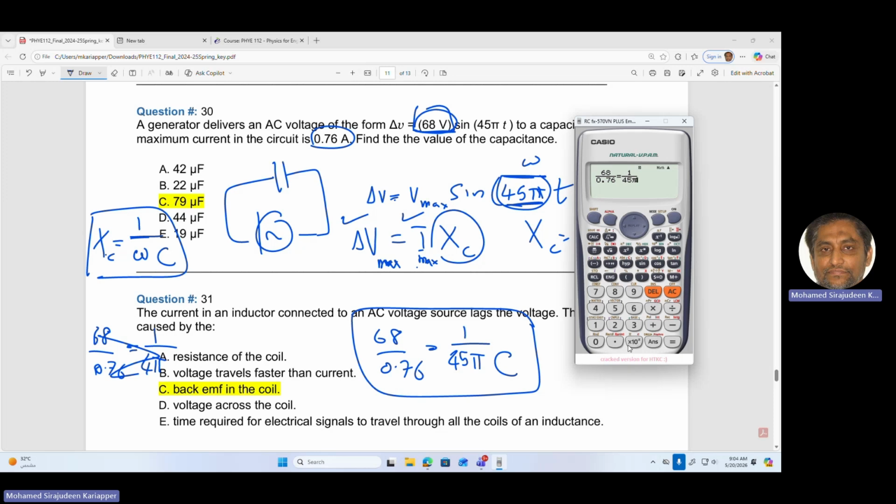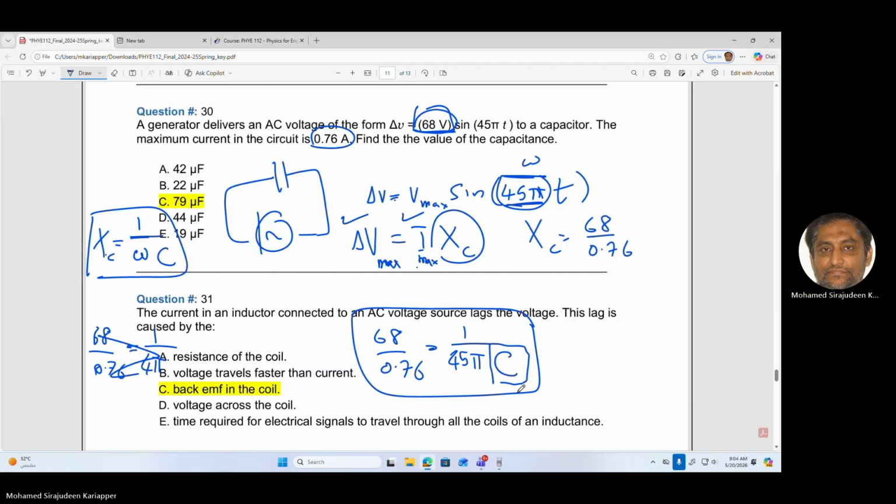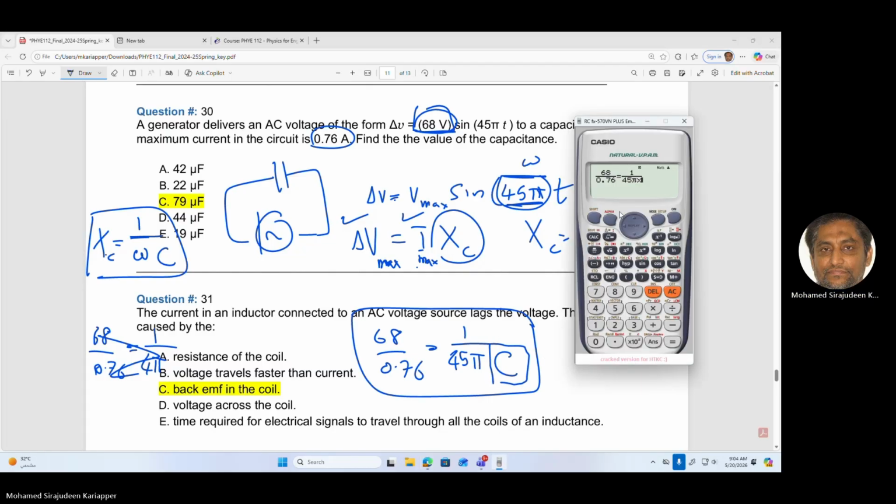You use the pi from the calculator. Multiply by, this is the unknown. What do you do for the unknown? X. Solve it. Shift calc.